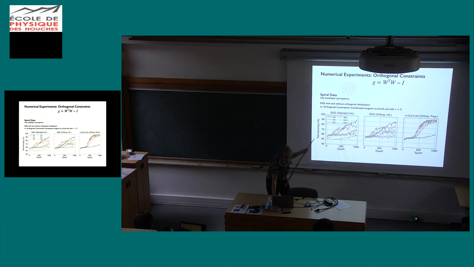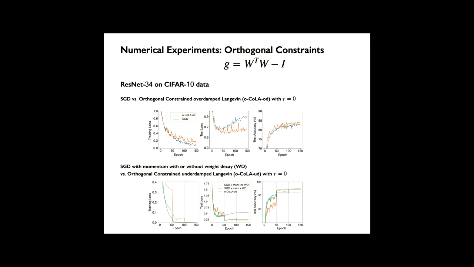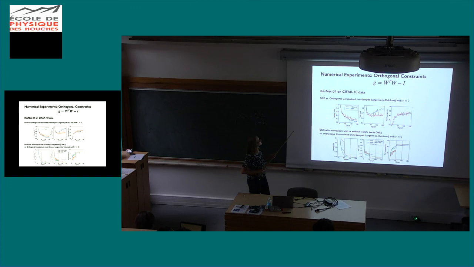And then, well, we submitted to NeurIPS, so we had to do something with ResNets, so we did that as well. This is also for orthogonal constraints. First we did just standard SGD versus the constrained version, and it seemed to overfit slightly less and have a slightly higher accuracy. But then, obviously, we needed to compare it to more state-of-the-art, so we did SGD with momentum, with weight decay, and with learning rate decay.